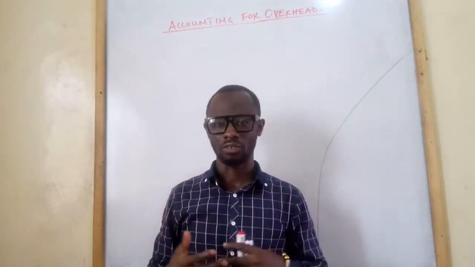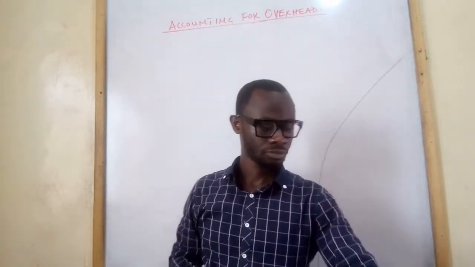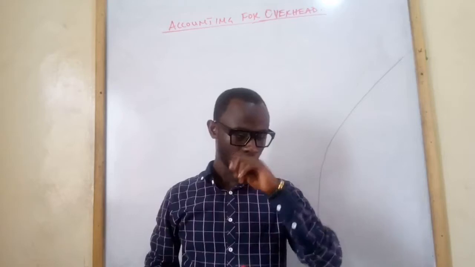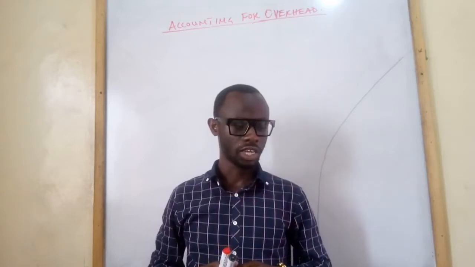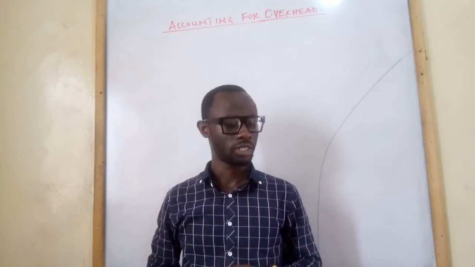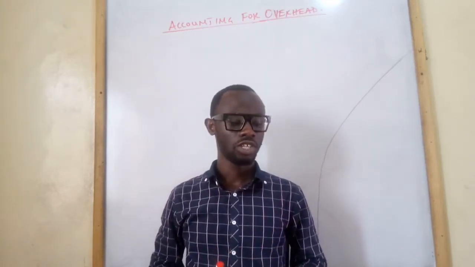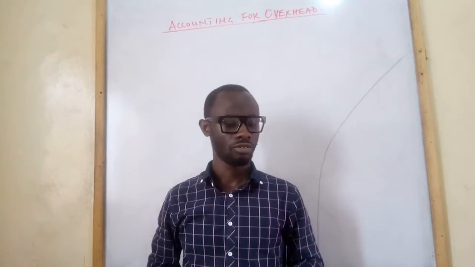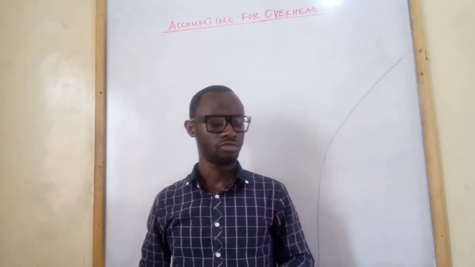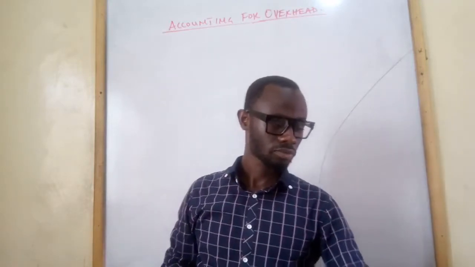These are the various types of overheads we explain under classification of cost. Then you should be able to prepare overhead analysis sheet and reapportionment of overheads of service costs to other departments. Then you should be able to understand the apportionment of overheads using the various overhead absorption rates. And then you should make entries into the various overheads accounts.